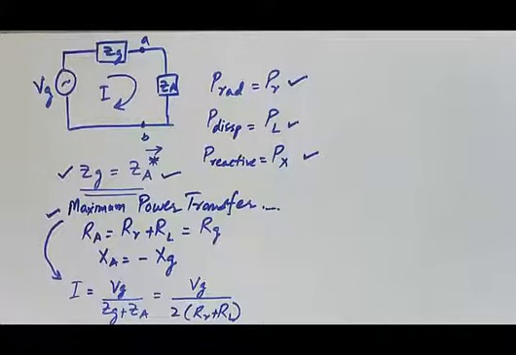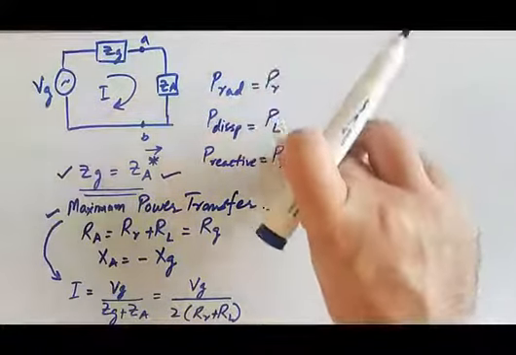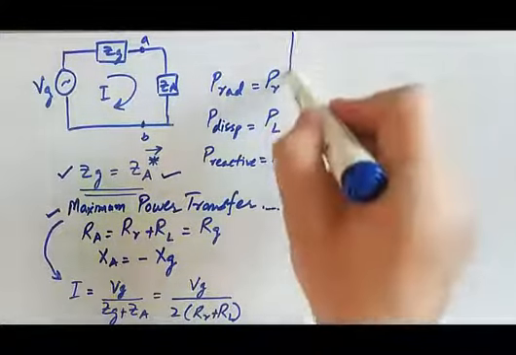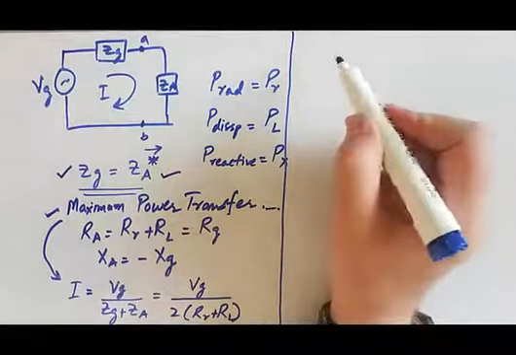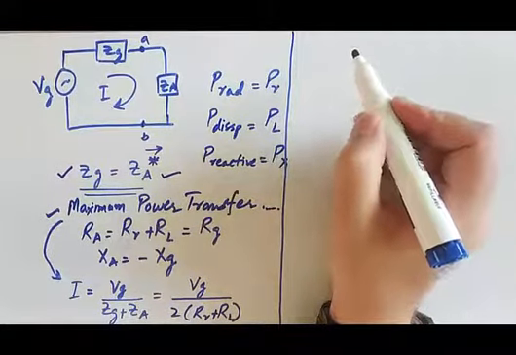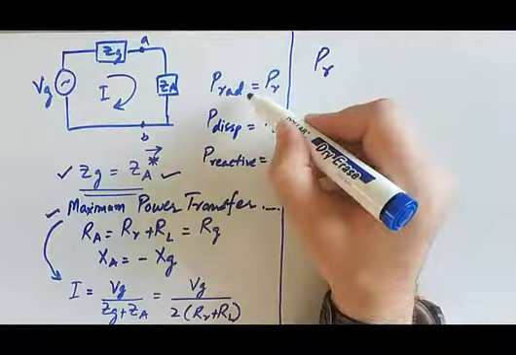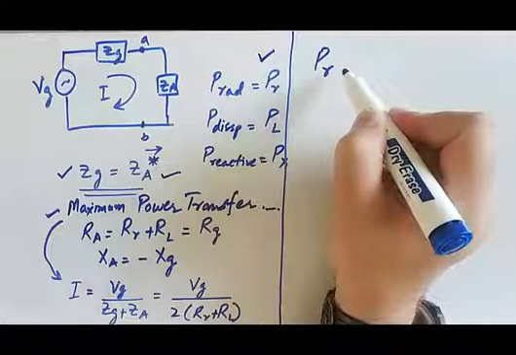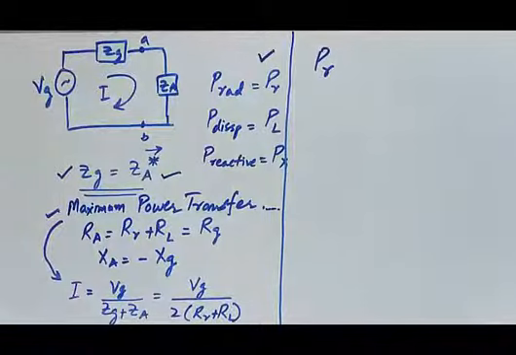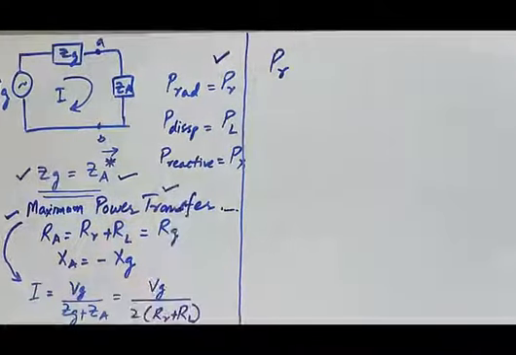So in this case we can go further by finding out the power associated. If this is the current, then the power radiated by the antenna, PR. Previously we calculated the equation for this, but now we are focusing on the power radiated in the maximum power condition.